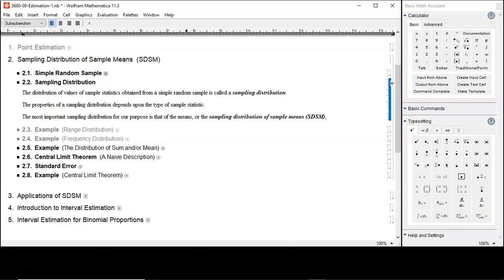Now, how do you visualize that? In order to visualize that, you need many different samples. You see, if you want the probability distribution of, say, coin tossing, you cannot get it by tossing just once. You have to toss many times to see the probability distribution of coin tossing.